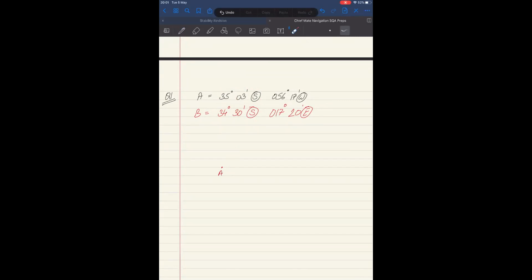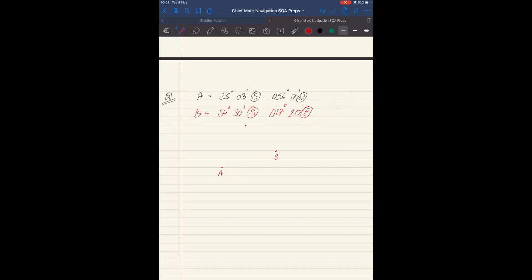Now, if we look at the longitude, which is 56 degrees 17 minutes west, we are moving towards 17 degrees 20 minutes east. That means we are moving towards east. So point B needs to be slightly up as compared to A and east of point A. So it has to be somewhere like this.